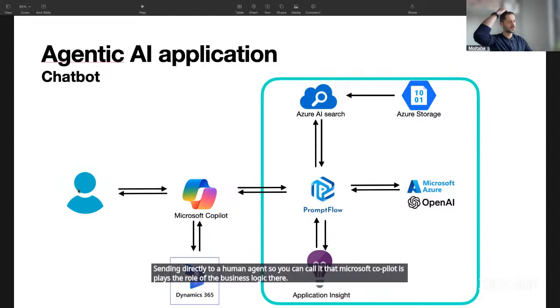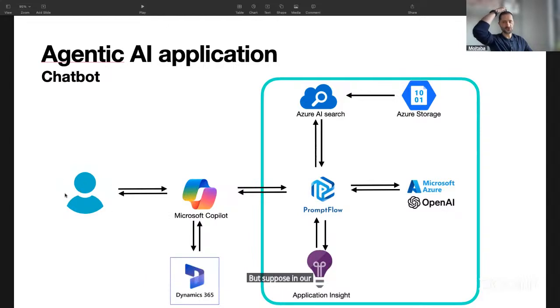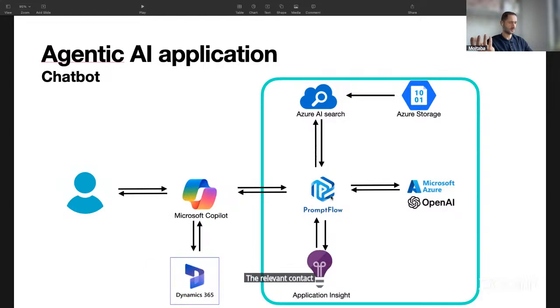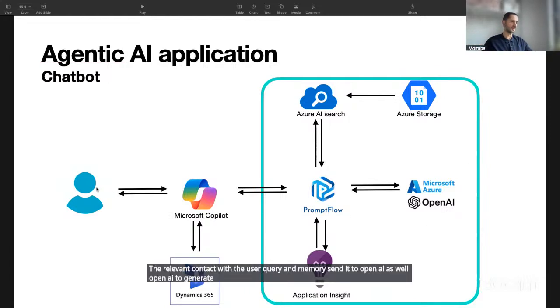But suppose in our case the user wants to use the chatbot, so the query goes to Copilot. From Dynamics, you can get the long-term memory and the interaction history and send that information to prompt flow. The query is sent to Azure AI Search to get relevant content. That relevant content, with the user query and memory, is sent to Azure OpenAI to generate a reply, which is sent back to the user.